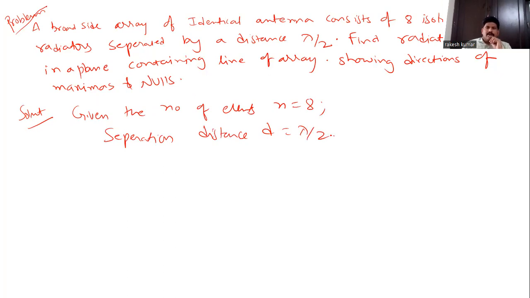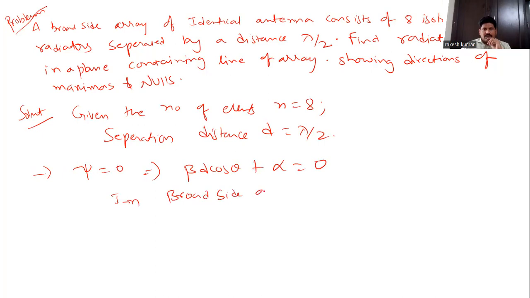They have asked to calculate in which direction it will radiate. So first, let us take the maximum direction. The condition for the maximum direction is psi should be equal to 0. What is the value of psi? Psi is beta d cos theta plus alpha, equal to 0. So in a broadside array, alpha is equal to 0.